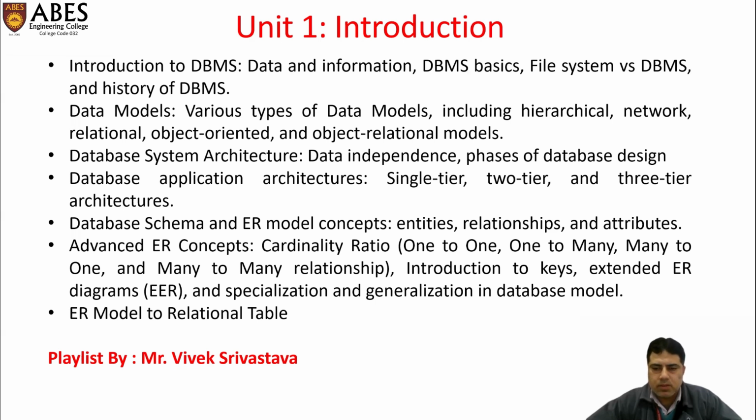Then there will be the introduction of various keys like primary key, super key, candidate key, foreign key. Then we will understand the concept of referential integrity, then extended entity relationship diagram like specialization, generalization, and aggregation concept.